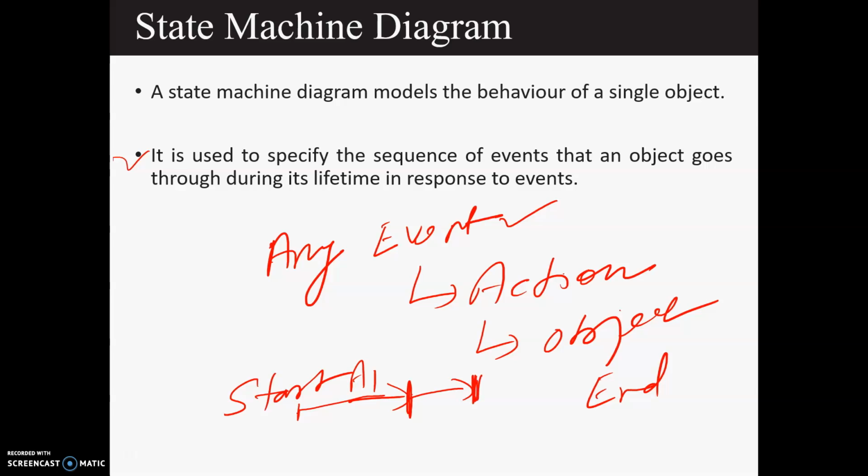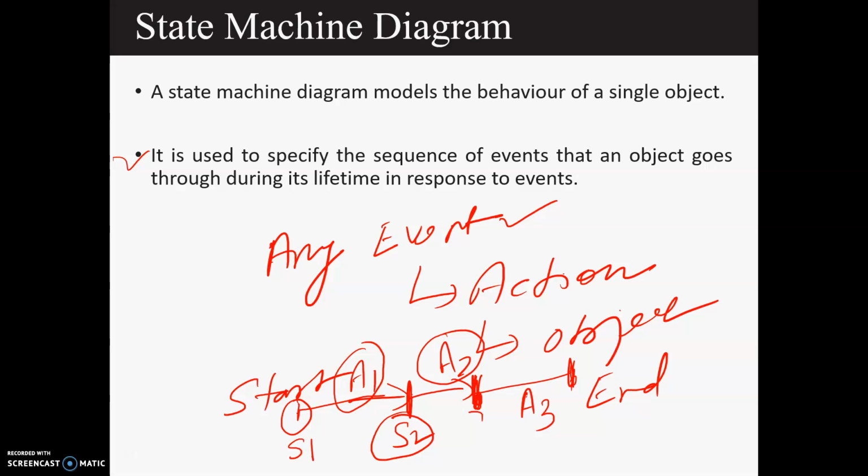Then there is one more point here, and you reach this state by performing action A2, and then you reach the end point by performing action A3. So after performing action A1, you reach from state 1 to state 2. Then when you perform action A2, you reach from state 2 to state 3. And then after completing action A3, you reach from state 3 to state 4.